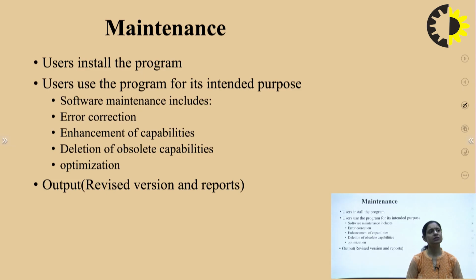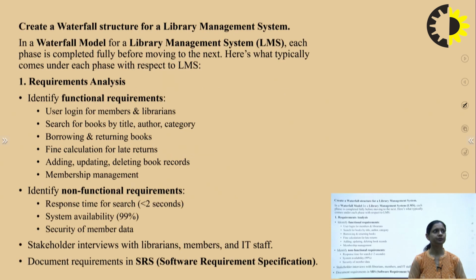So it includes error correction, enhancement of capabilities, deletion of obsolete capabilities, coming up with new capabilities, optimization of code, and all those things. Once it enters the maintenance phase, the output over here is the revised versions and the reports of at what all places the changes have been done.